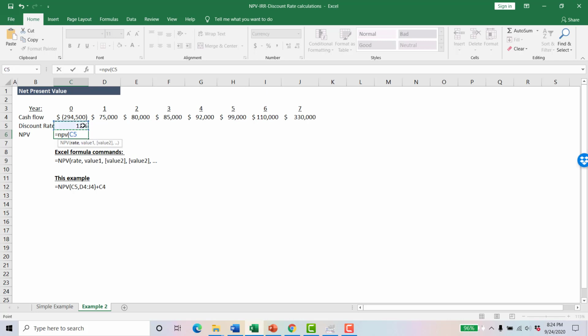We're going to take our same rate, 12%, but we're actually going to take our cash flows in the out years, and then you want to add your initial investment, since that's not actually part of your future cash flows. So your answer you get is $216,389, which is your net present value for this investment in this laundromat.